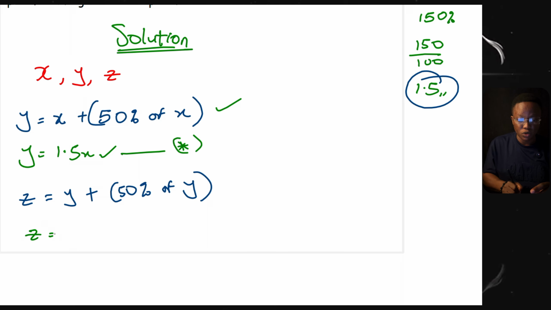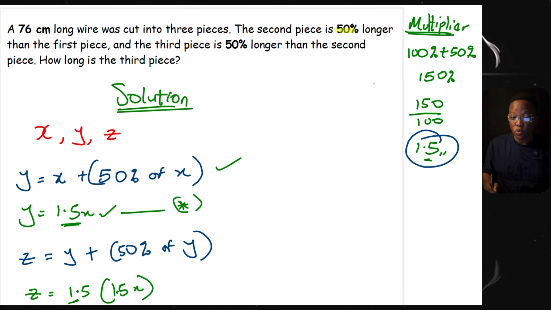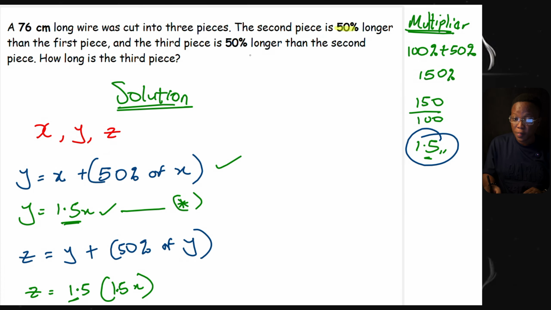So Z will be equal to 1.5 into 1.5X. Alright? So we are simply multiplying Y, which is 1.5X, by the multiplier, which is 1.5. Why should we have 1.5 as a multiplier again? Is because we have a 50% increase, right?